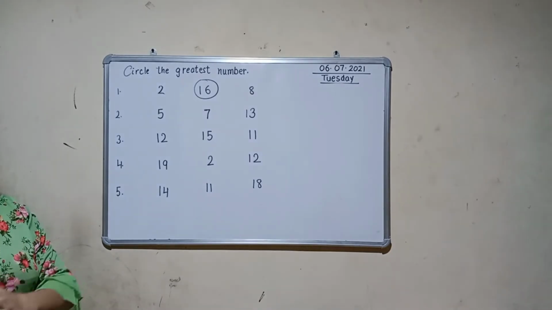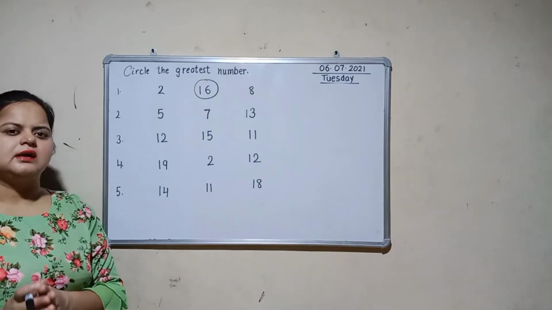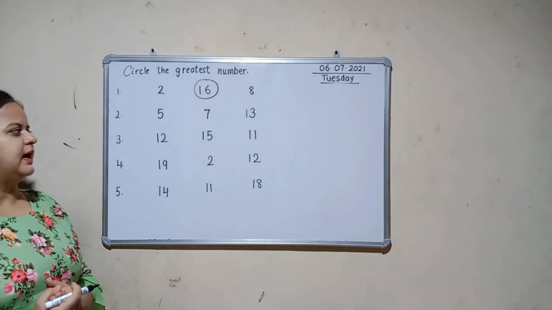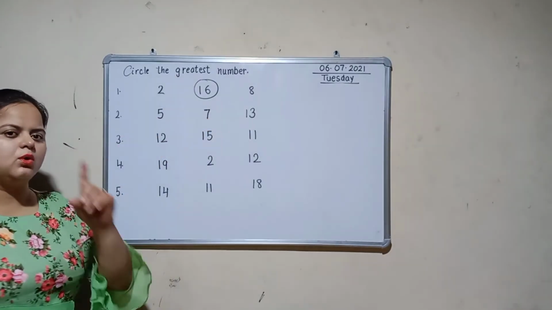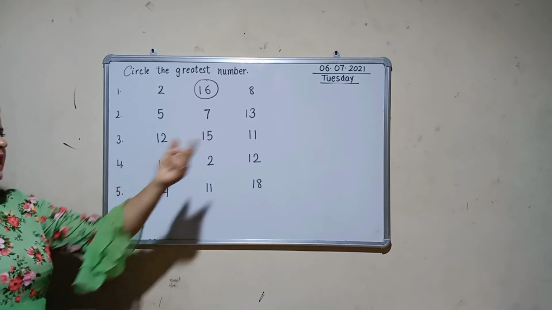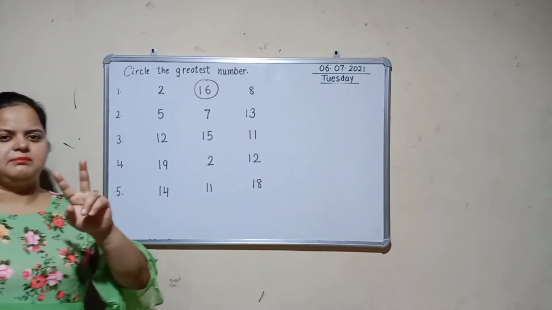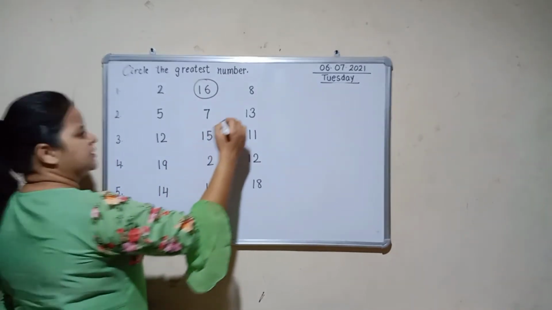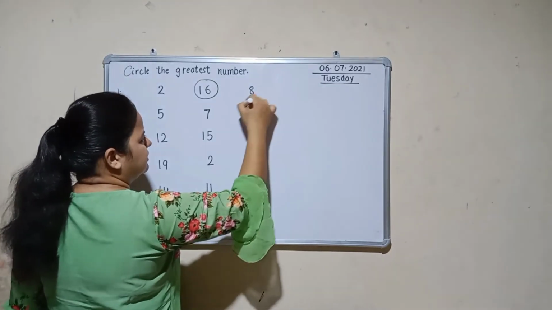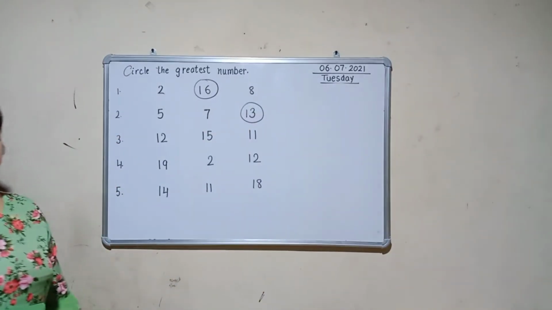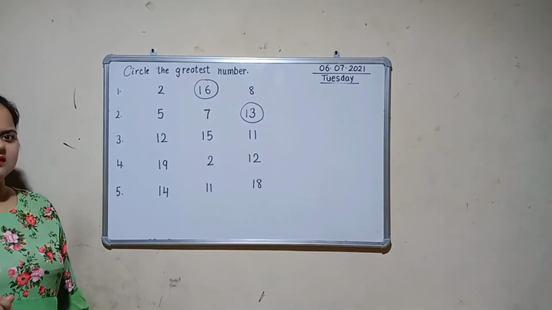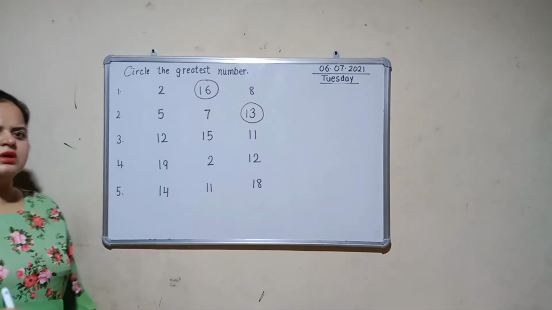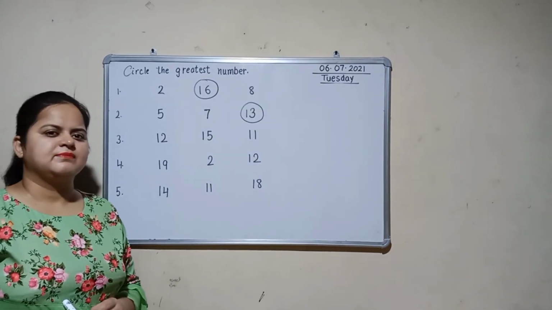Yes, the numbers that come later are greater numbers. Again we have these two numbers with only one digit, and this is a two digit number. So again 13 is the greatest number. Understand? And I hope you all are enjoying the class.